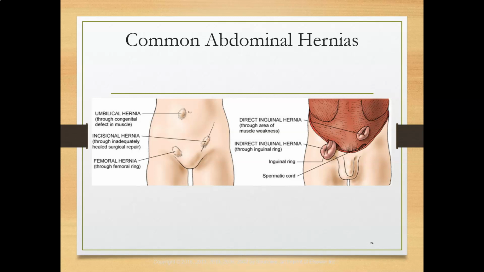It can be a femoral hernia through the femoral ring. It can be a direct inguinal hernia that's through an area of the muscle wall. It can be an indirect inguinal hernia through the inguinal ring. So those are the common places that you'll see abdominal hernias.